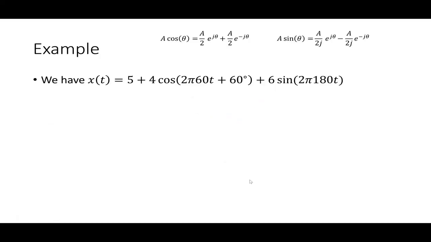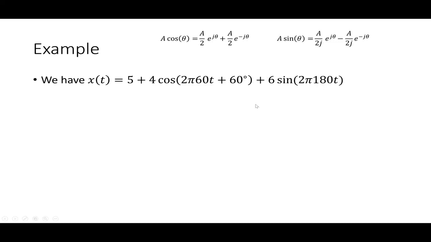So here's an example that we started to explore in class. Visualizing this, I see what appears to be a Fourier series. I have a DC term, 5, and then I have a cosine and a sine that are harmonically related to each other. I can tell they're harmonically related because my cosine term has a 60 hertz frequency, and my sine term has a 180 hertz frequency.